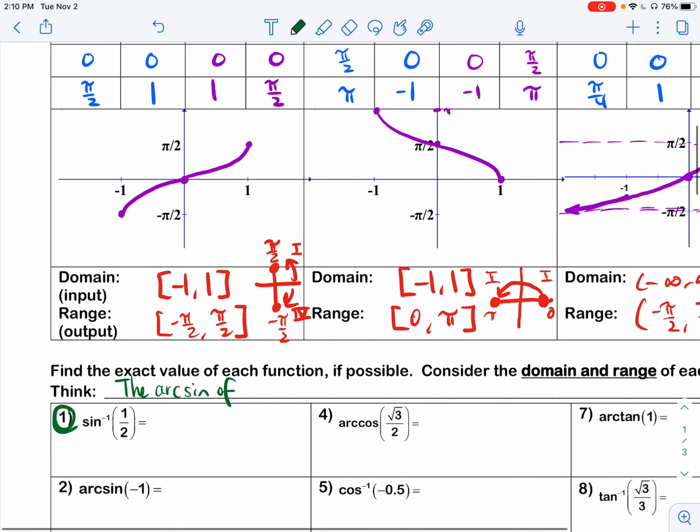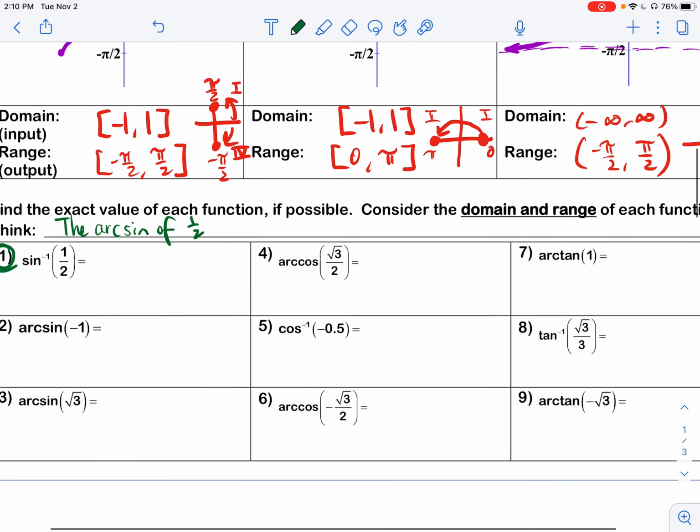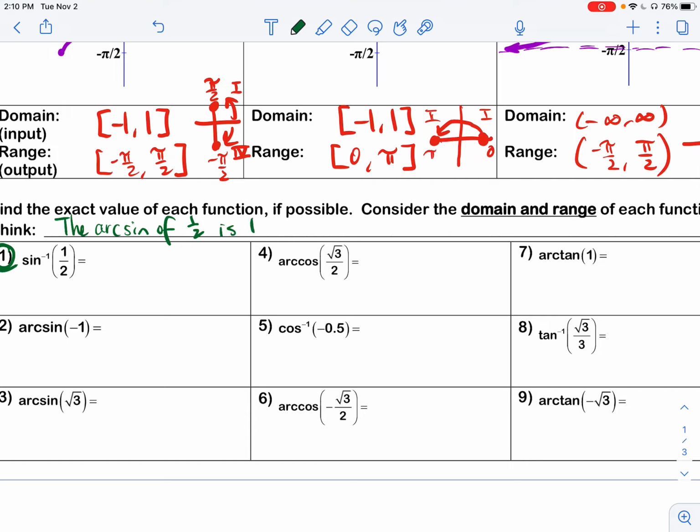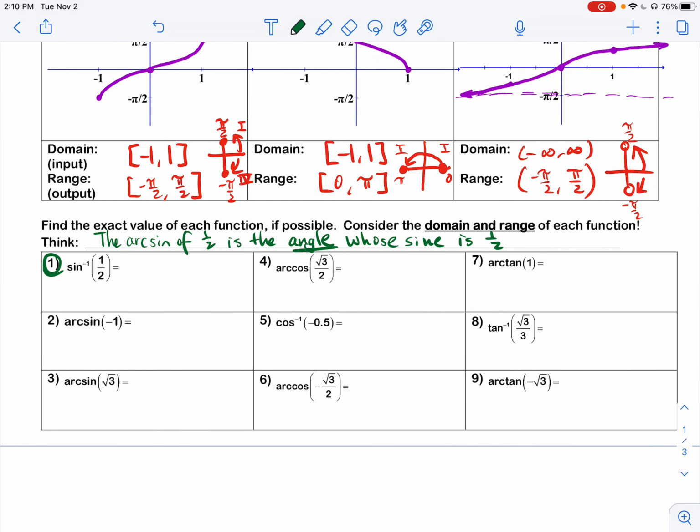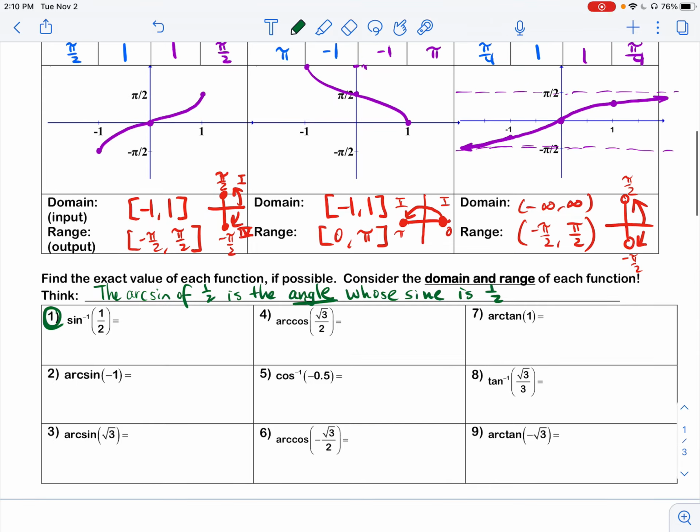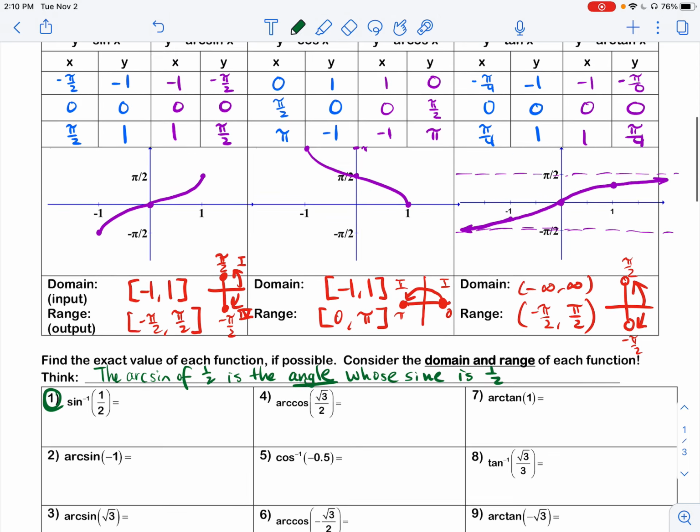The arcsine of 1/2 is the what? It's the angle whose sine is 1/2 within the range of our inverse trig function.